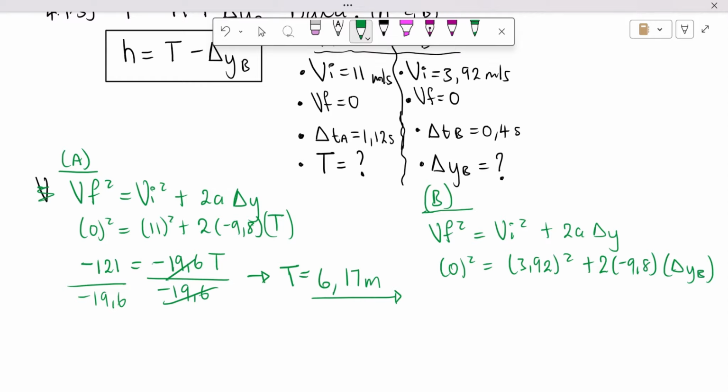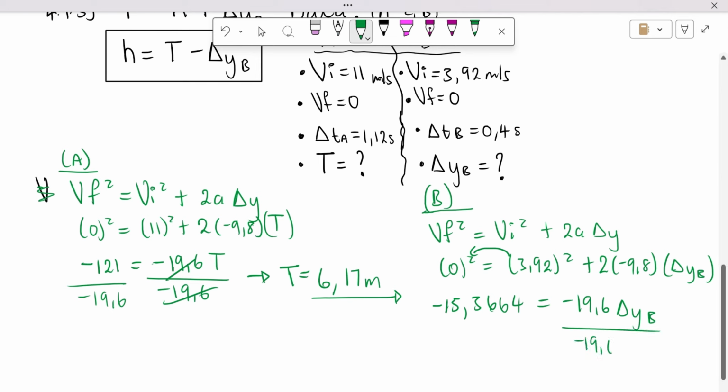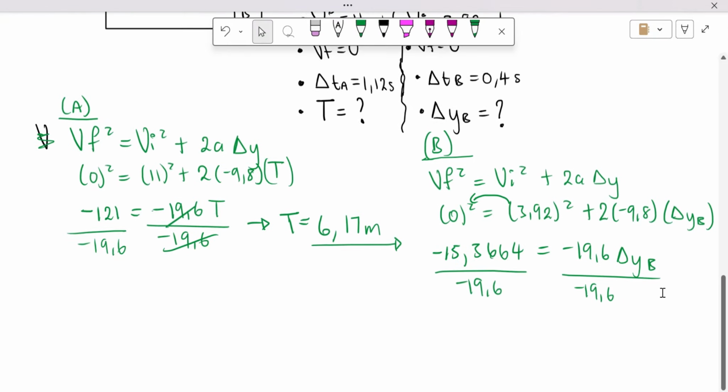From here, 3.92 squared gives me a value of 15.3664. When I transpose it, I get negative 15.3664 equal to negative 19.6 delta Y B. If I divide both sides by negative 19.6, delta Y for B will be 15.3664 divided by 19.6.